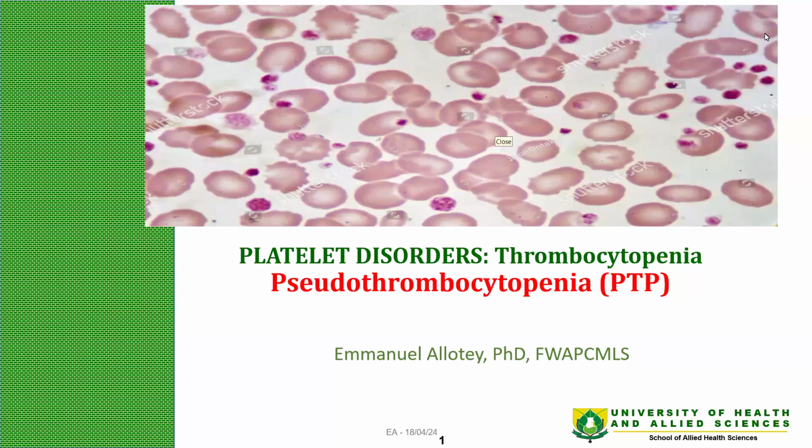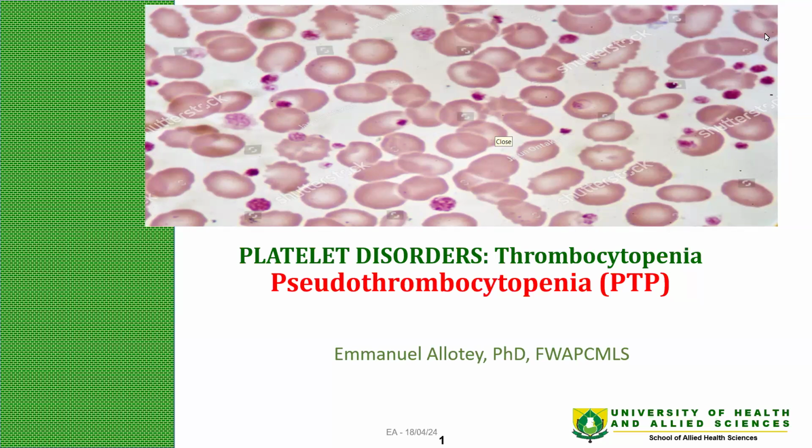So it took quite a number of years before what those particular particles that were being seen in the blood actually were meant for and the role that they play in the blood.